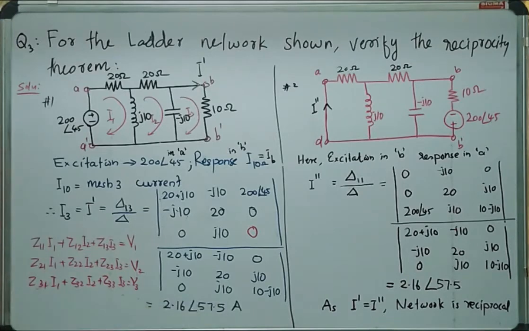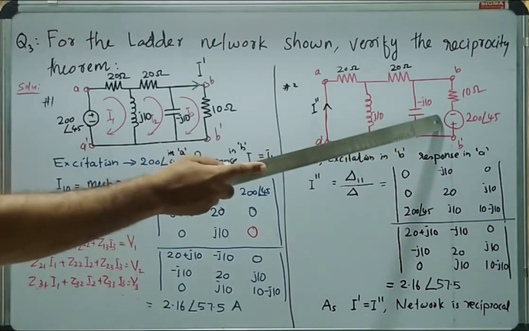57.5 ampere. Now in the reciprocity theorem, we need to remove this voltage source from branch A and connect this voltage source in branch B. Then due to the application of this voltage source, we will find the current flowing through branch A. Let's consider we are connecting the voltage source in this manner.